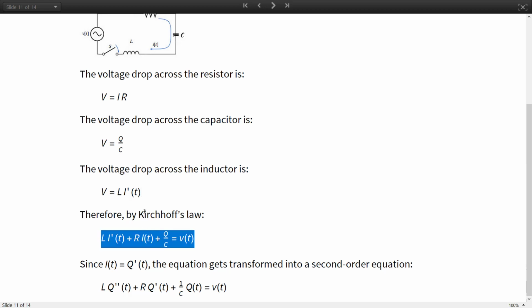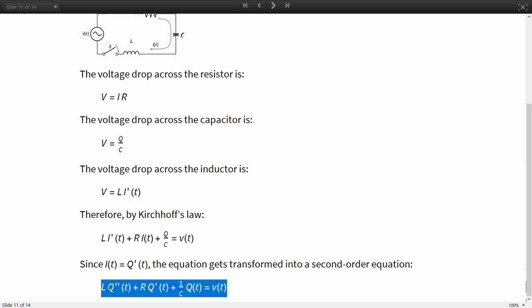Current is the rate of change of charge, so I is equal to dQ/dt.